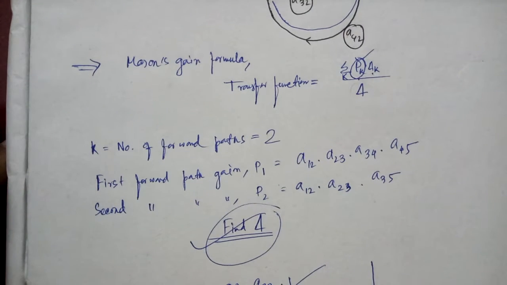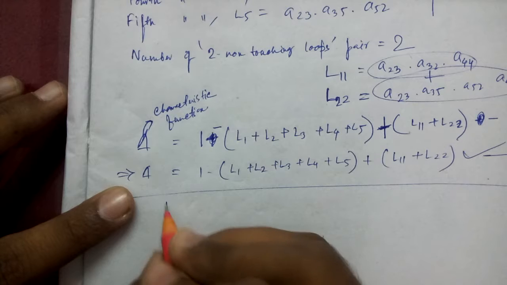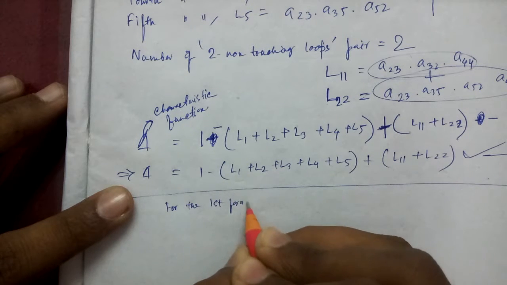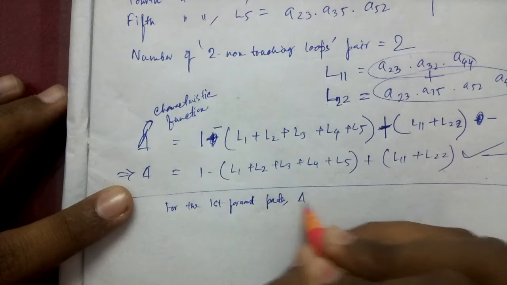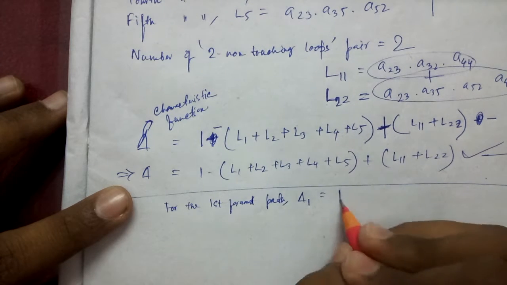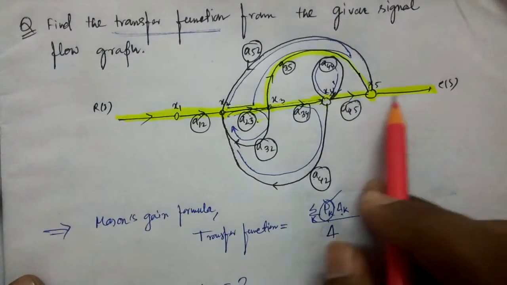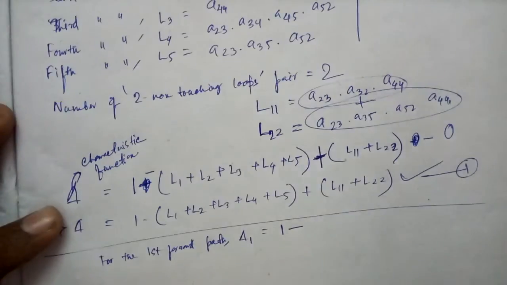Means for the first forward path, delta 1 value will be 1 minus the loops which are not touching the forward path. Every loop is touching, which means here the value will be 1 minus 0.